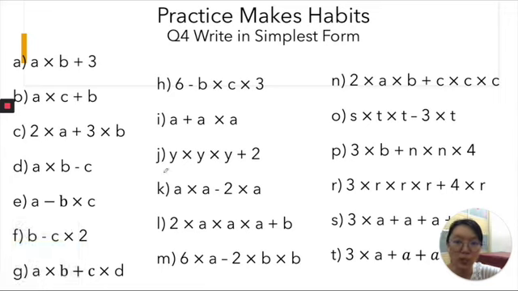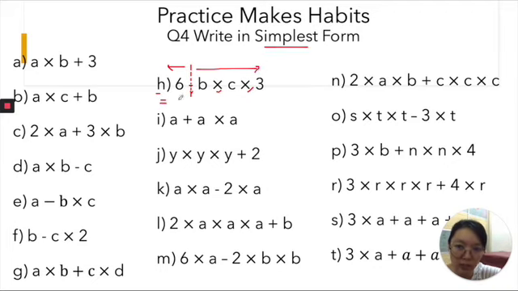Practice makes habits. Question number 4, write in simplest form. Let's look at H. I have this expression. Check. There is minus, there is times, there is times. So when I have minus and times, look for plus and minus, draw a line. Then you separate them. They cannot be mixed. And then you put it down.